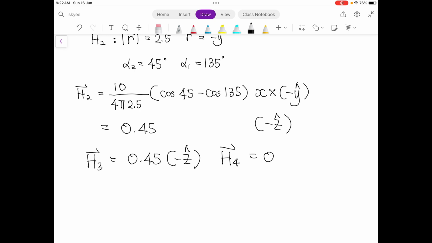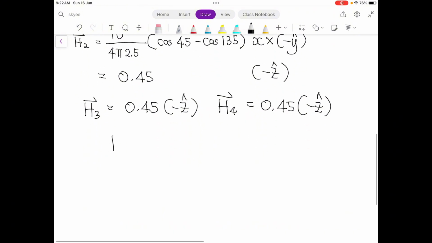So I will just multiply by 4 to get the HT. The HT will be 0.45 times 4, which is 1.8 negative z.